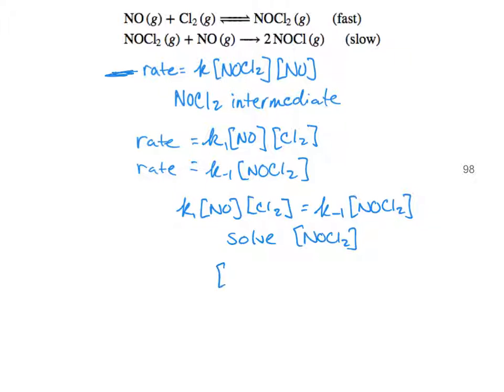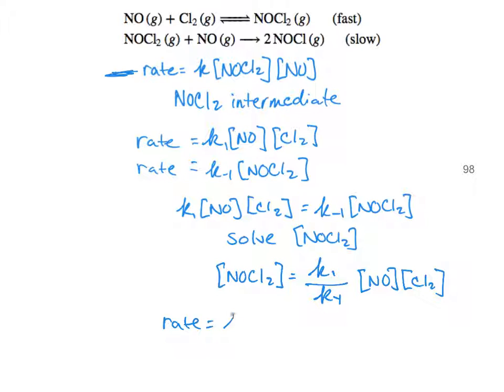So NOCl2 equals K1 over K minus 1 times NO times Cl2. Plug that in, and I'll get rate equals K2 (I should have put a 2 here) times K1 over K minus 1 times NO, and I'm going to square that. We're going to have NO and NO times Cl2. Questions on that?